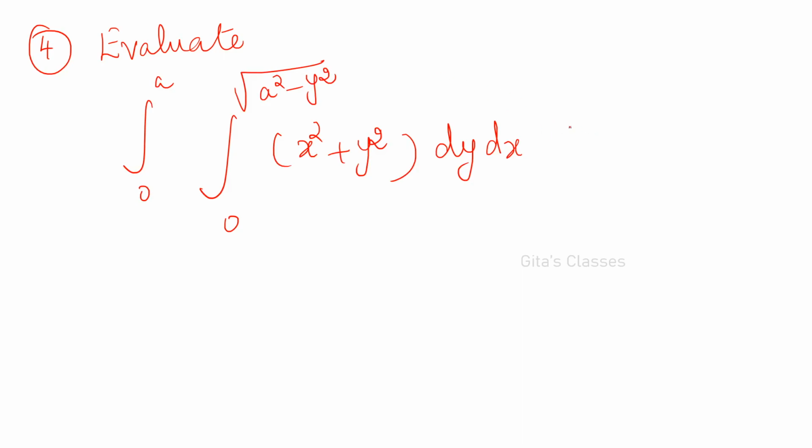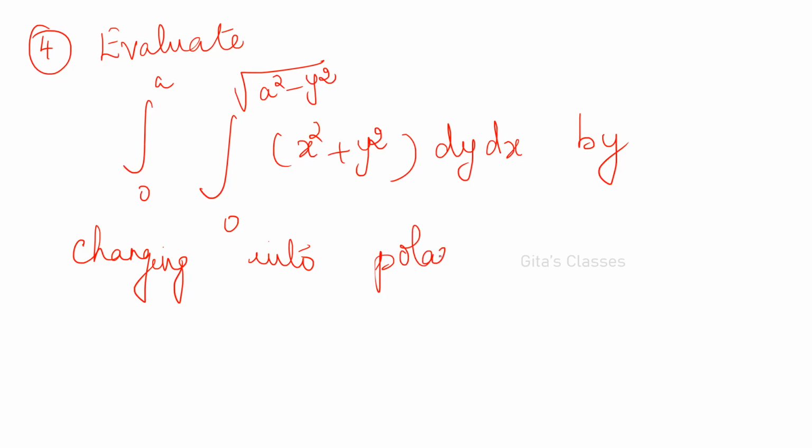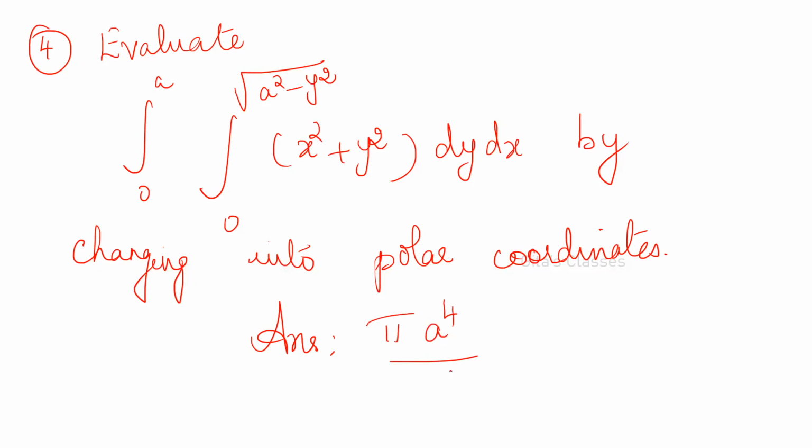Okay. Find out the corresponding limits properly by changing into polar coordinates. Okay. And answer also I'll give you. Answer you should get pi a power 4 by 8 is the answer. Okay. Please check.